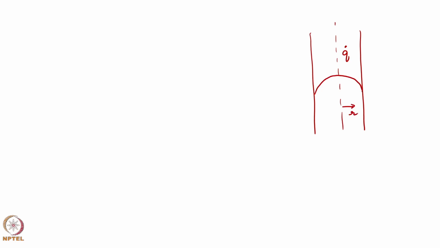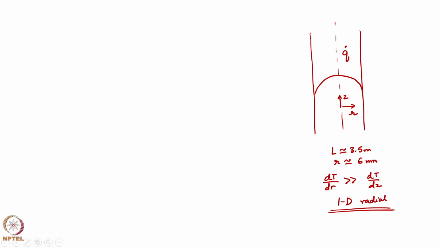That is all is the difference. This is my z coordinate, L is about 3.5 meters, diameter is of the order 12 millimeter. So, radius is of the order 6 millimeter. dT by dr is much larger than dT by dz. So, 1D radial is a very good assumption even in a complicated system like a nuclear reactor.